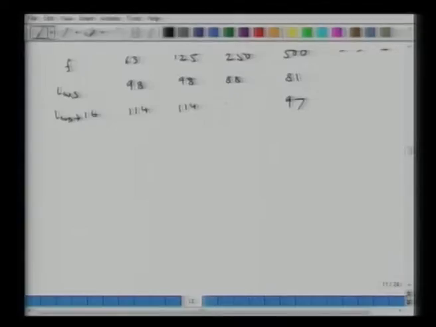Yeah, that BFI, which is 2, right? So I will change this 250 to 300, and what was the number? 97, right? Plus BFI.